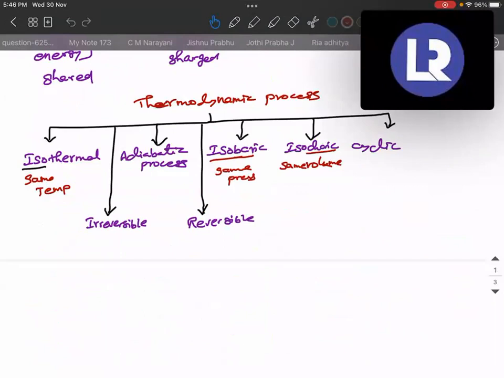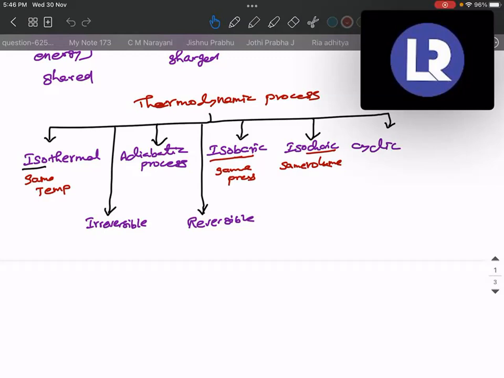So tell me, what is an isothermal process? When is your board exam? Around February? The 11th board exam.